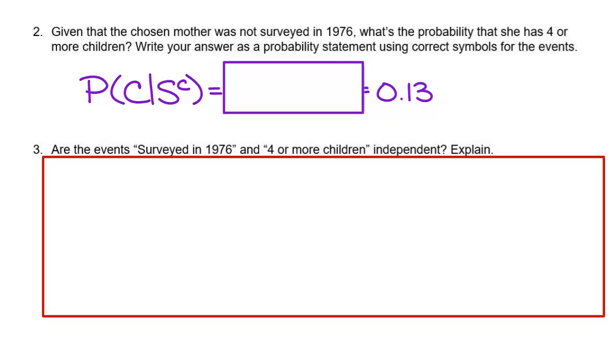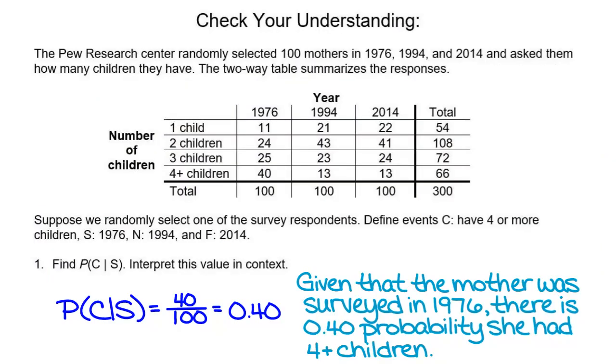How do we get that 0.13? Let's go back and look at the table. Tell me how we get 0.13. We look at the years that aren't 1976, so we're going to need to look at this year and this year. That's exactly correct.